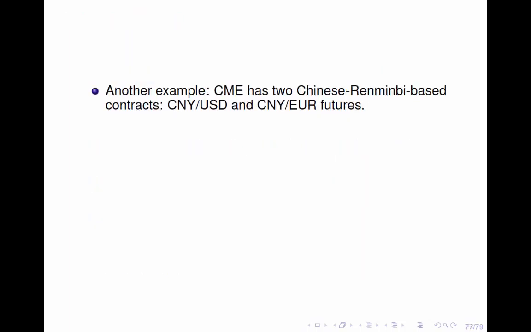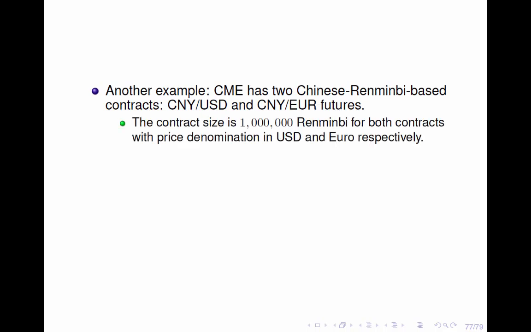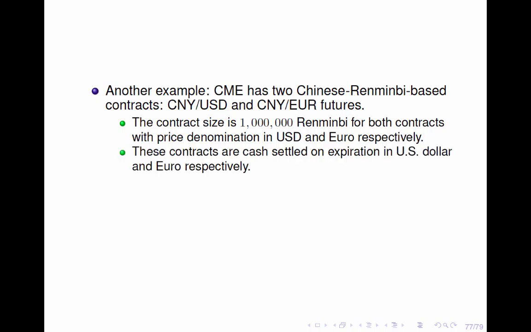Here's another example. The Chicago Mercantile Exchange has two Chinese renminbi-based contracts, the Chinese Yuan USD futures and the Chinese Yuan Euro futures. The contract size is 1 million renminbi for both contracts, with price denomination in US dollar and euro respectively. These contracts are cash settled on expiration in US dollar and euro respectively.